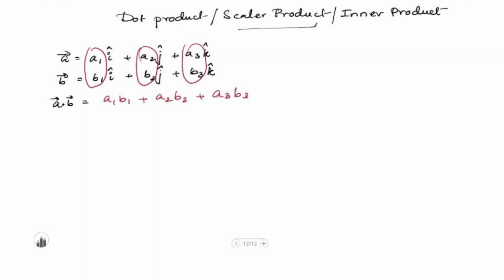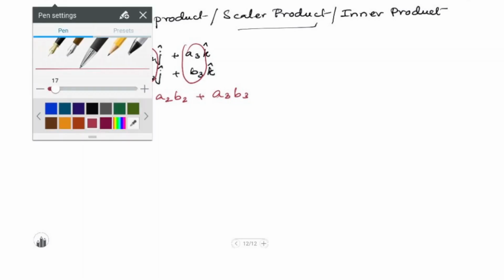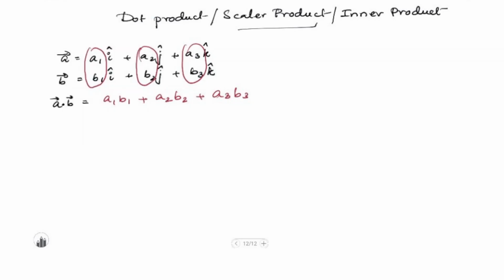So that's a general dot product rule here that we'll use, but also here we'll be using another formula to find out the angle between the vector A and B. So for that we have to use the formula: the dot product of vector A times vector B is equal to the magnitude of A times the magnitude of B cosine alpha.